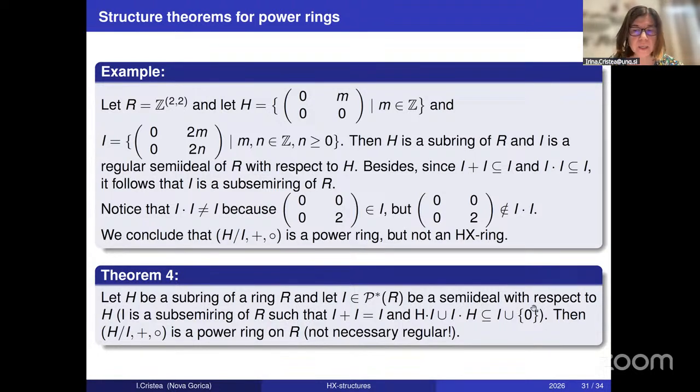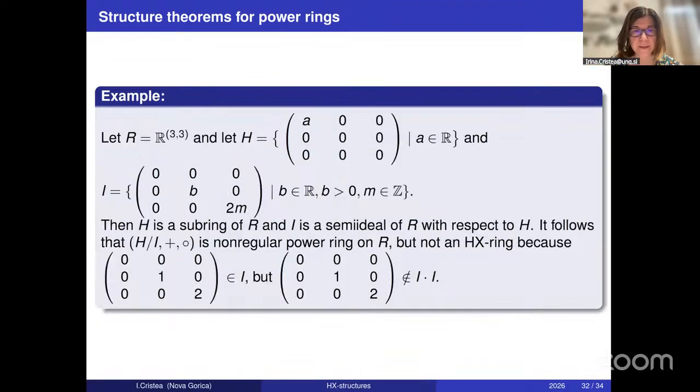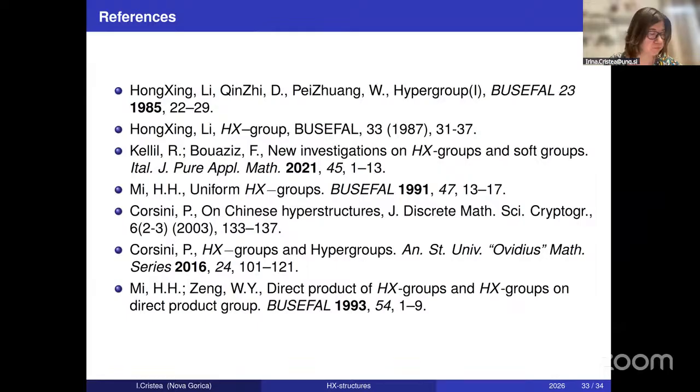And here the 0 element has an important role in this theorem. And the example that I found related with this theorem was on the set of matrices 3 by 3, with a lot of zeros here just to simplify the multiplication. And again, this is a non-regular power ring, but not an HX ring.